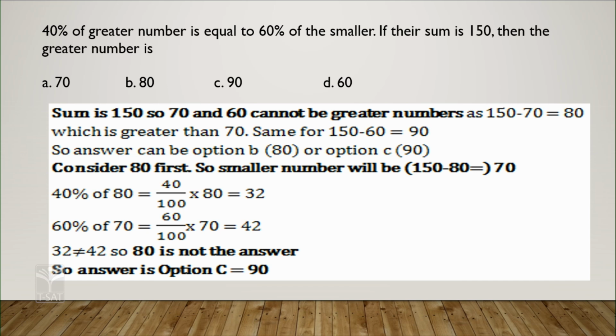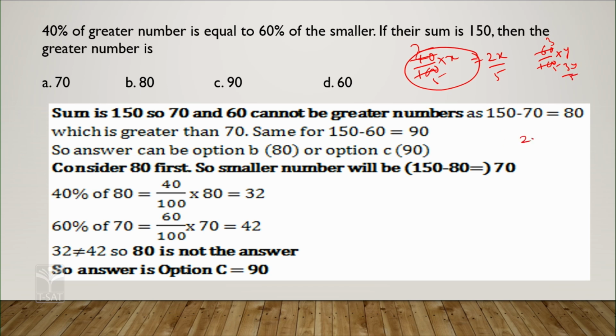So if you want, you can calculate with respect to x and y also, because we don't know the greater number, say x for example. 40% of x means 40 by 100 into x. 2 fives are 10, it is 2x by 5. 40% of the greater number, and 60% of the smaller. 60% of, we don't know, that's y, means 60 by 100 into y. 3 fives are 15, it is 3y by 5.